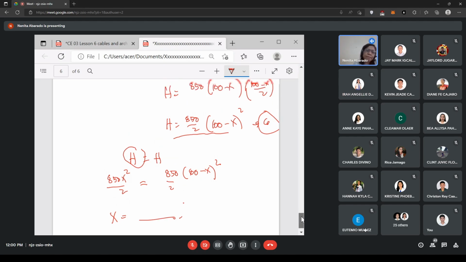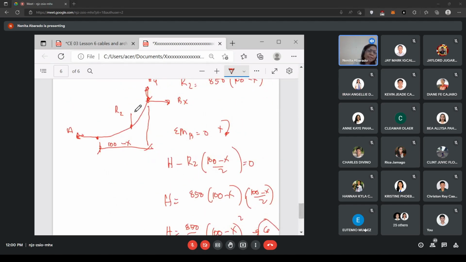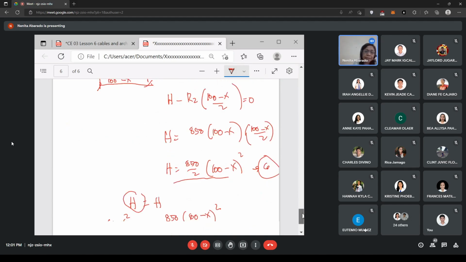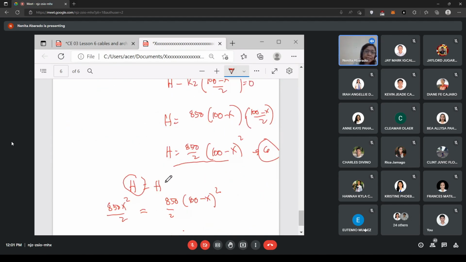And after getting the value of X, makukuha natin si R sub 2 or R sub 1 because R sub 2 is 850X and R sub 1 is 850 times 100 minus X over 2. So upon getting the value of X, makukuha natin si R sub 1 and R sub 2.